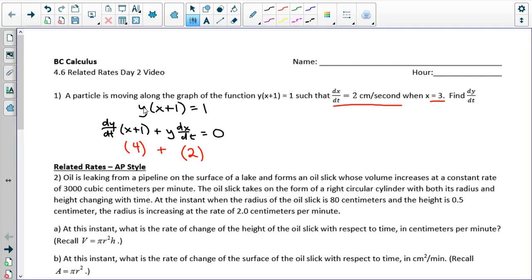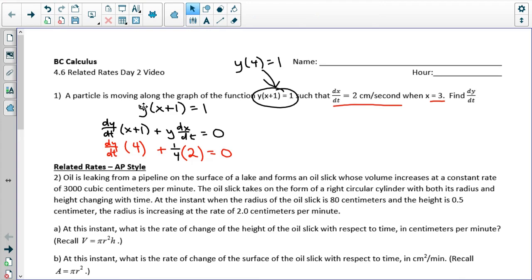I still need to find dy dt in this problem. The only thing that I'm missing is what y is. You can figure out y, since I know that x equals 3. I will take x equals 3 and plug it in, so 3 plus 1 is 4. Divide by 4, I get y equals 1/4. So in this particular case, y equals 1/4.